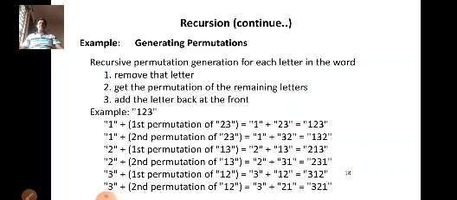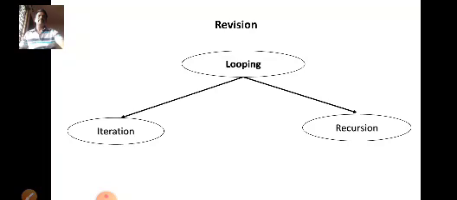Then 1 plus the second permutation of 2, 3, so 1 plus 3, 2, interchanged, then 1, 3, 2. So you have to generate the permutations also by using the recursion concept.